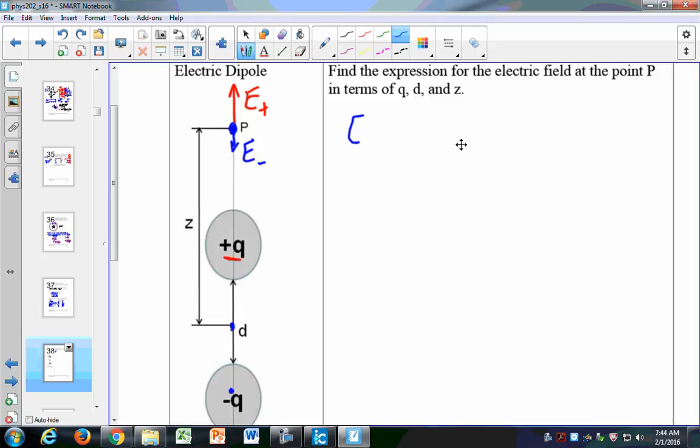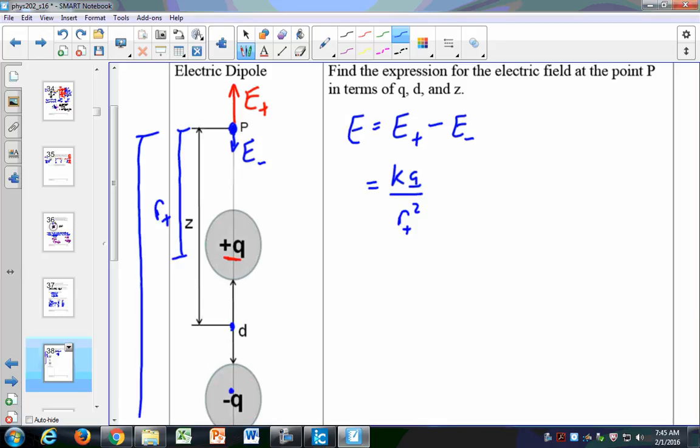All right, so E total is going to be equal to E plus minus E minus. That's equal to KQ over R plus squared, where R plus is the distance from here to here, and then R minus will be this distance, minus KQ over R minus squared.